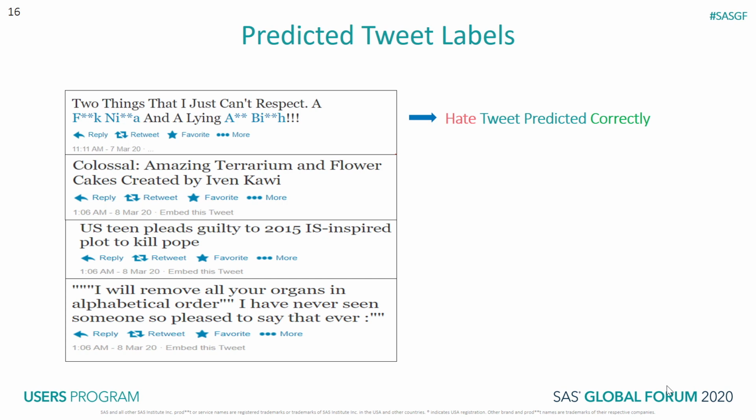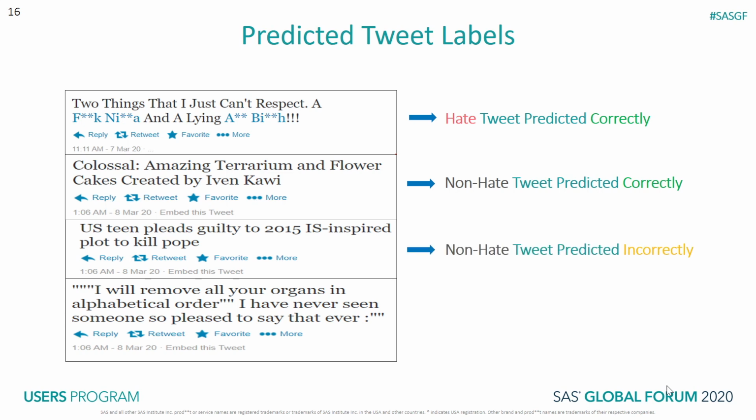Second is a normal tweet, and this normal non-hate tweet has been correctly predicted again. The third tweet is a non-hate tweet, but it has been incorrectly predicted by our model. The fourth tweet, as you can see, is a hate tweet, but it is incorrectly predicted as non-hate by our model.